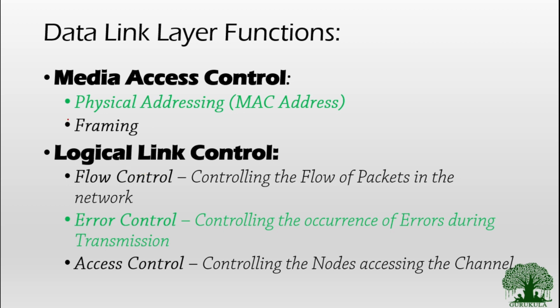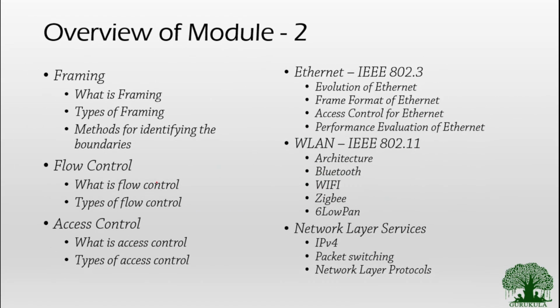We might have already discussed physical addressing and error control in detail in our previous classes, whereas in our first module we have covered all these topics in detail. So today in this course we will throw some light on framing, the remaining portion which we wanted to cover. Fine.